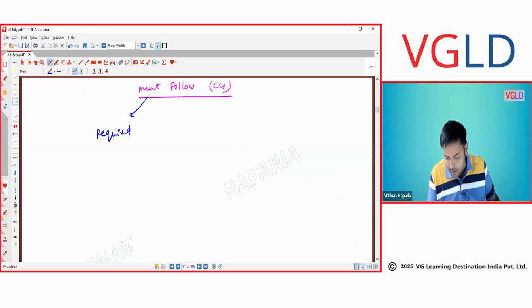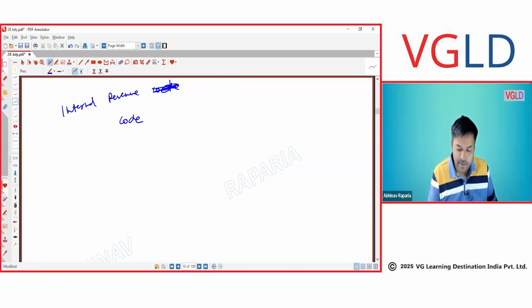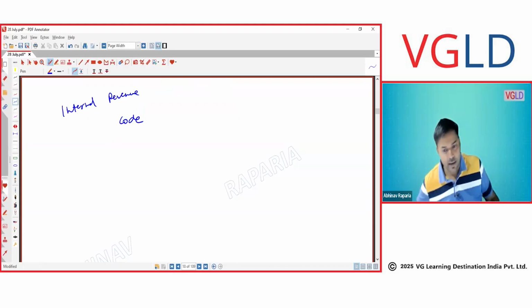Law means IRC. IRC is Internal Revenue Code. Internal Revenue Code is just like the income tax act we have in India, the Tax Act 1961. Same, we have IRC.